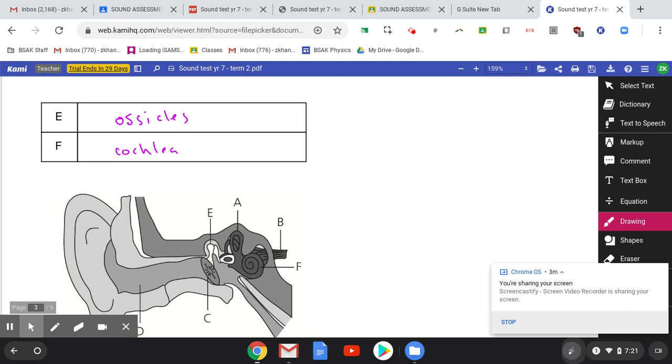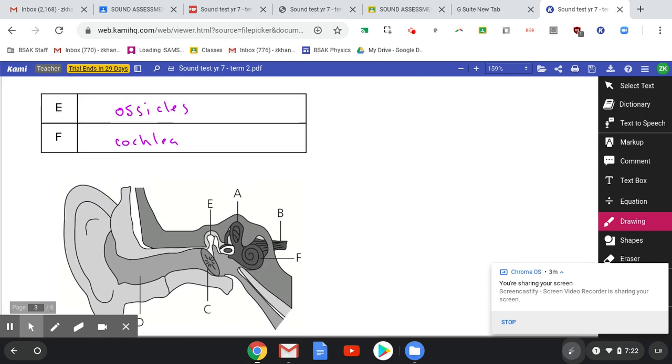Part E are those small bones that are connected to the eardrum. We call them ossicles. And part F, that snail-like structure, is where the sound energy is turned into electrical energy that can then be passed through the auditory nerve, and that's the cochlea.